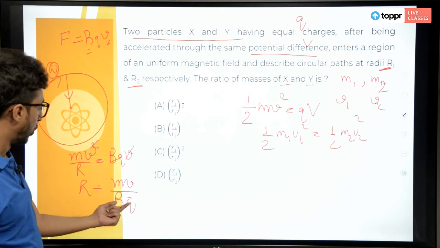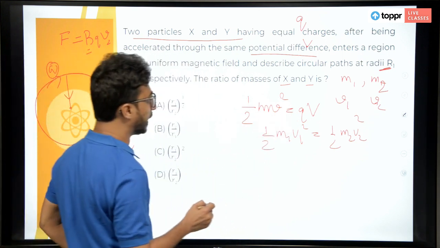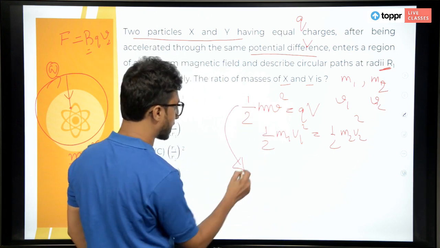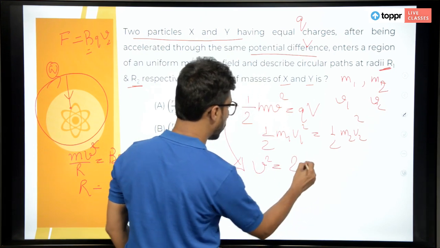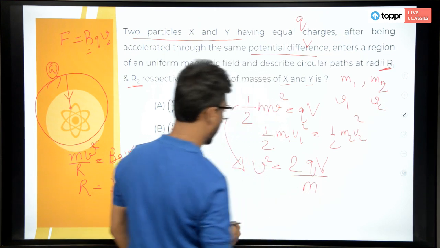r equals mv by bq, and half mv square equals qV. From this equation, we can get v square equals 2qV by m.